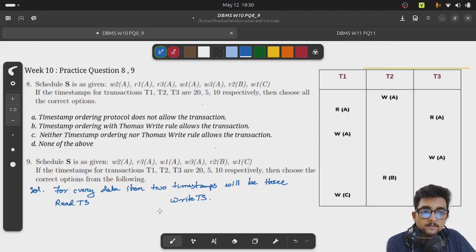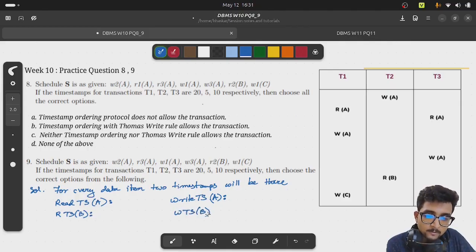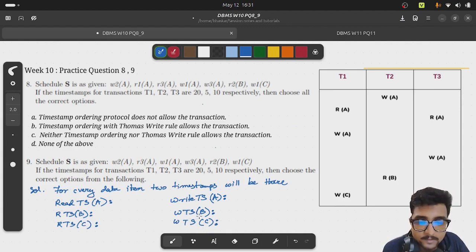Since in this example we are dealing with the data items A, B and C, so read TS of A, write TS of A, I'm writing in short, read TS of B, write TS of B and read TS of C, write TS of C. So timestamp ordering protocol says that we will have these read and write timestamps for each of the data items, and we will have a timestamp given to each of the transactions as well.